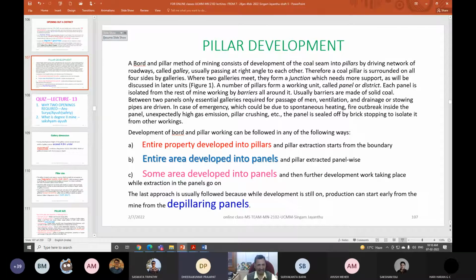This is simultaneous development and depillaring. So many ways you can plan for it. The last approach is usually followed, because while development is still on, production can start early from the mine, from depillaring panels also. This is how we plan and divide the mine into different panels and districts.